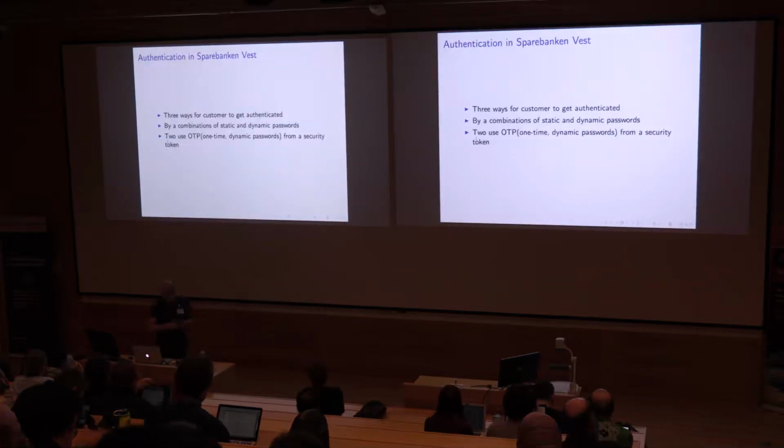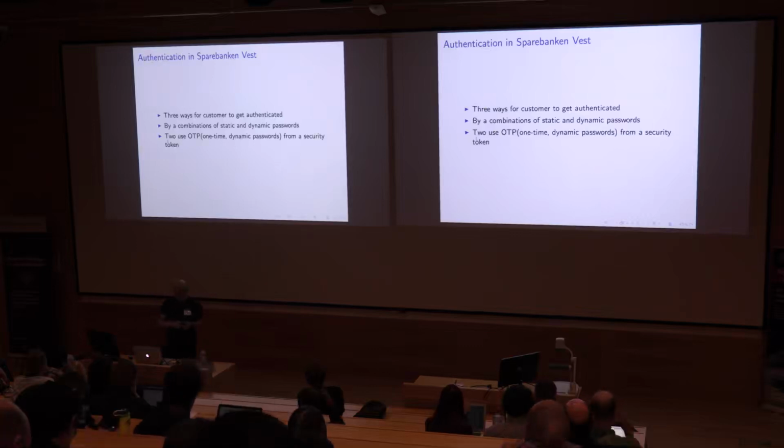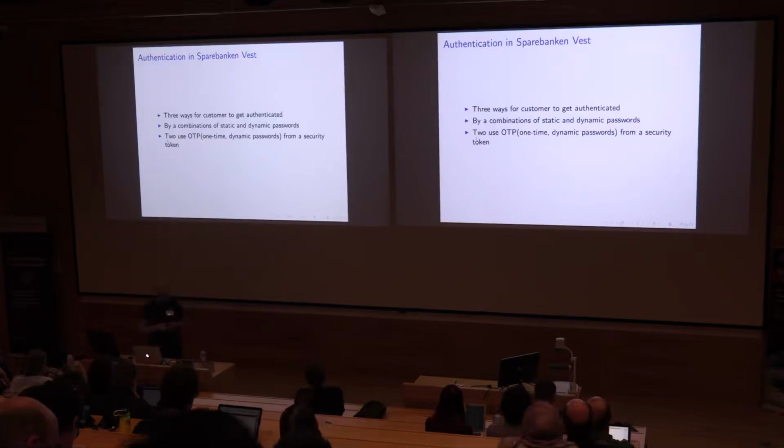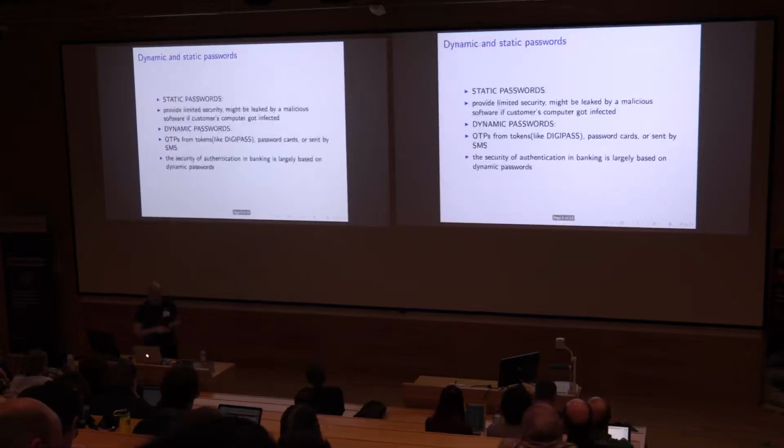So in my bank, which is called Sparebank 1, there are 3 ways for a customer to get authenticated. All 3 are a combination of static and dynamic passwords. 2 of them use a one-time password or dynamic password from a security token like DIGIPASS. Static passwords, of course, are very different from dynamic passwords.